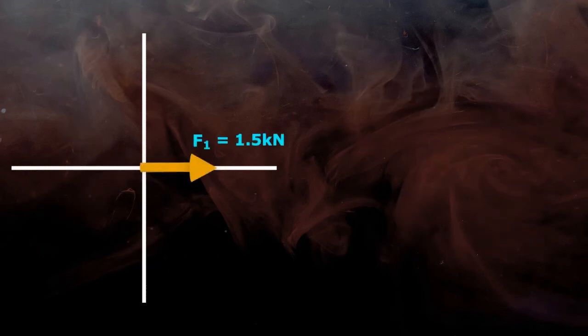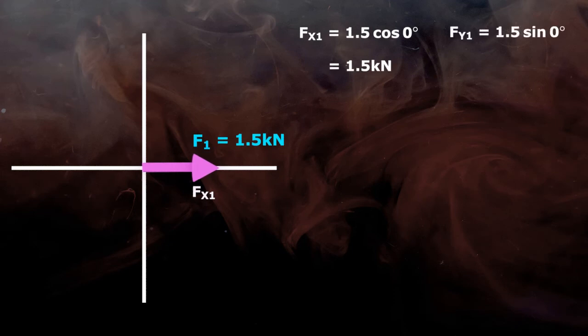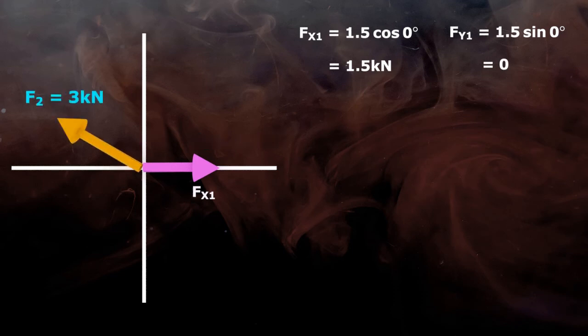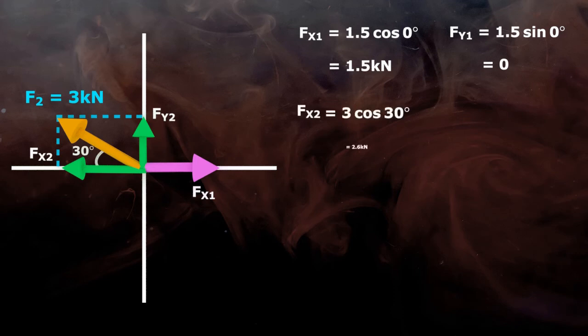F1 is equal to 1.5 kilonewton and it makes a 0 degree angle to the x-axis. So the x component Fx1 will be 1.5 kilonewton and the y component Fy1 will be 0. The second force F2 is 3 kilonewton and it makes a 30 degree angle with the x-axis. So the x component Fx2 is 2.6 kilonewton and the y component Fy2 is 1.5 kilonewton.